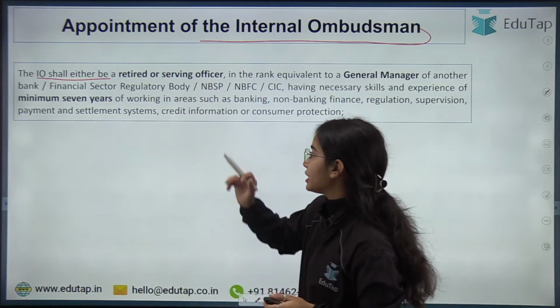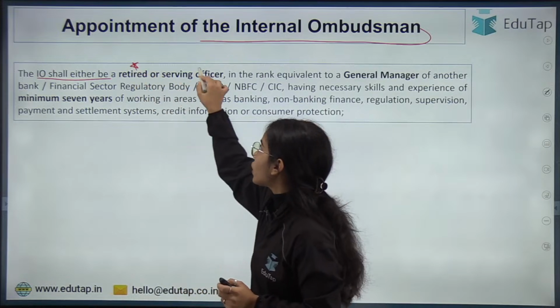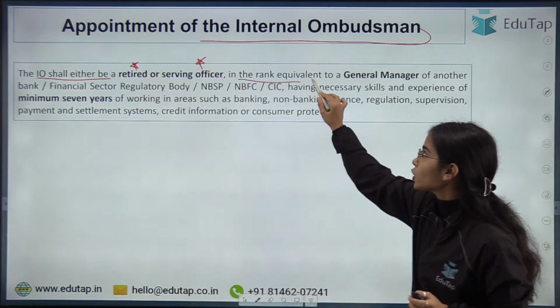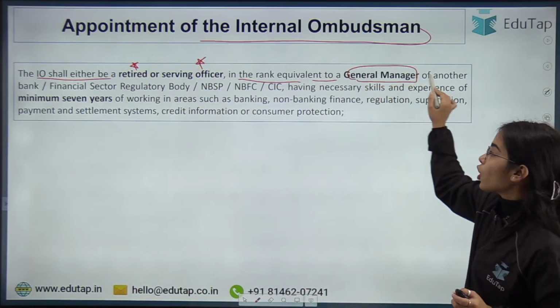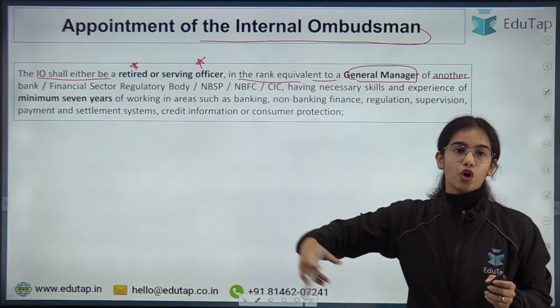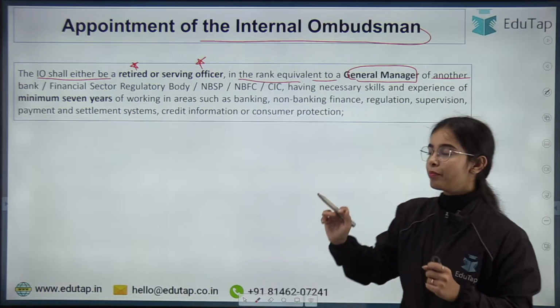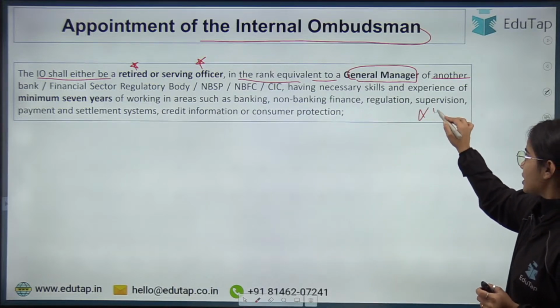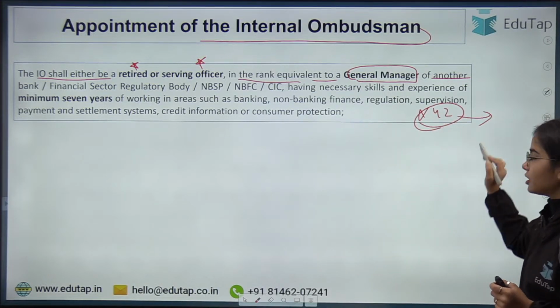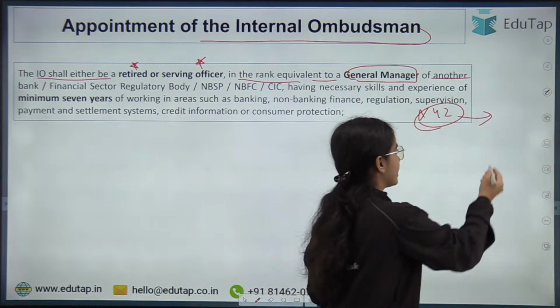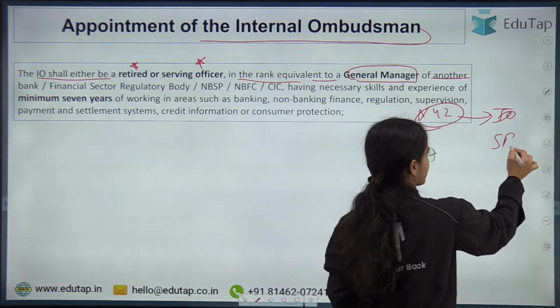So the internal ombudsman shall be a retired or serving officer in the rank equivalent to a general manager of another bank or another credit information company or another NBFC. So let's say that XYZ person has to be hired as an internal ombudsman in a bank, that is SBI.